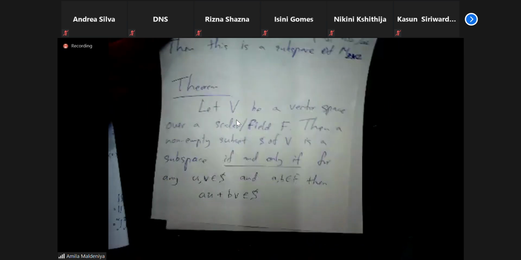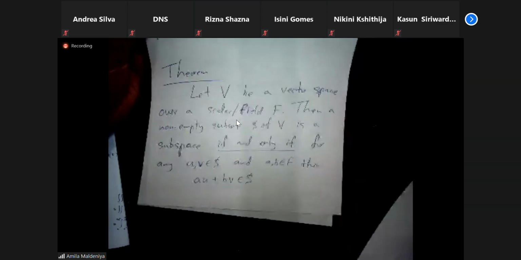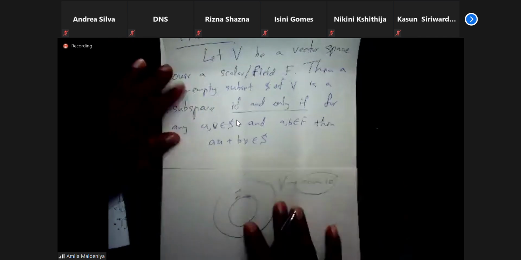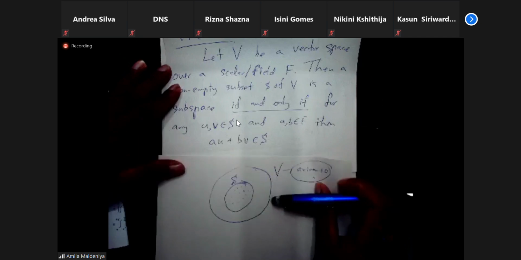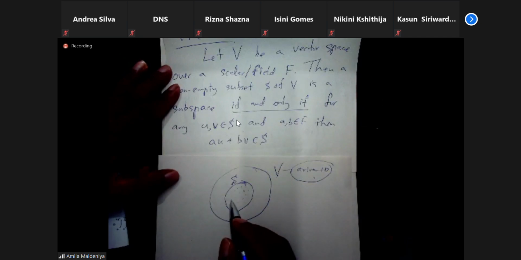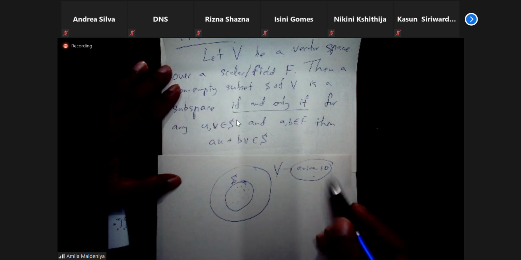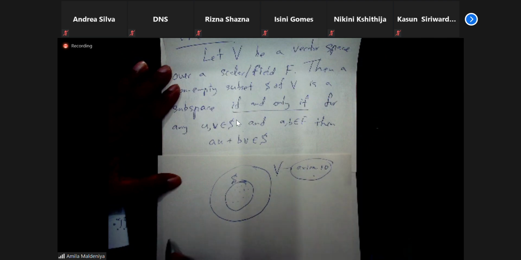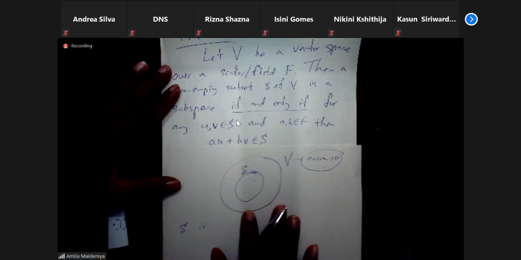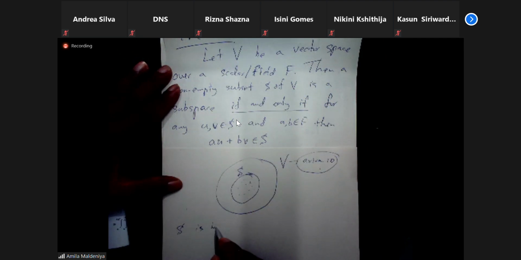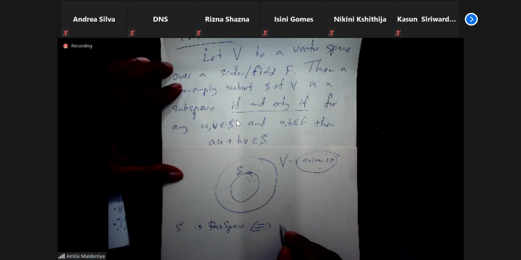Right, now let's look at this one. This theorem says S is a subspace if and only if au plus bv is an element of S. So it's very simple.